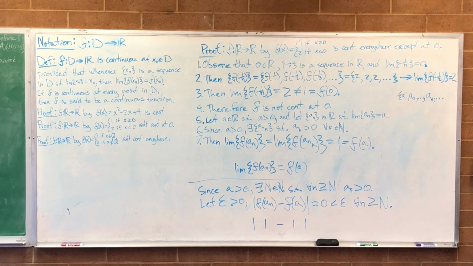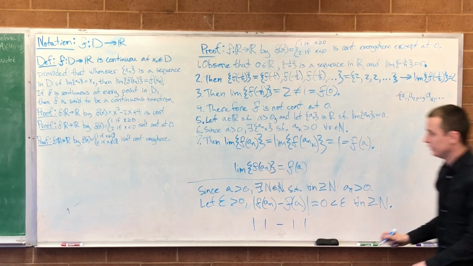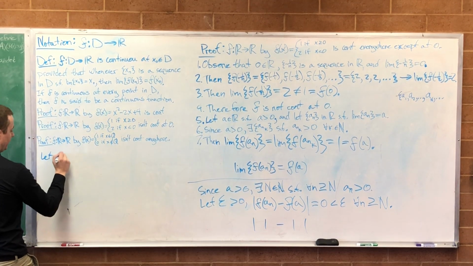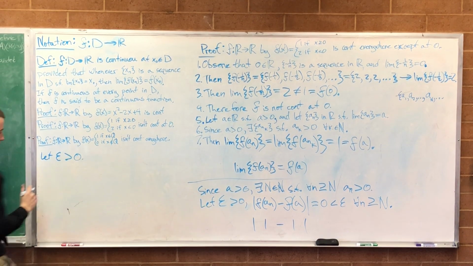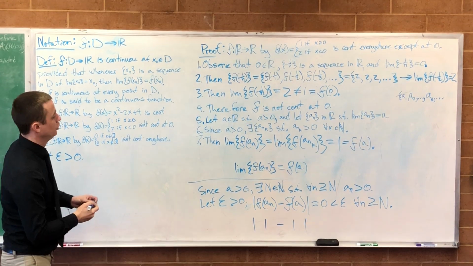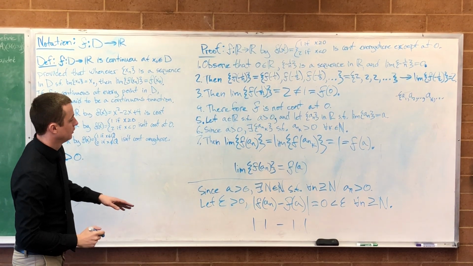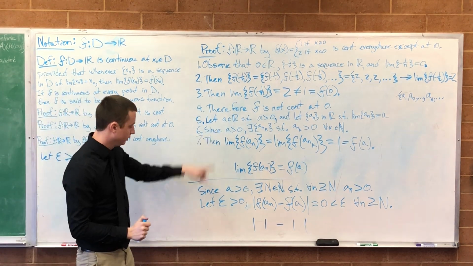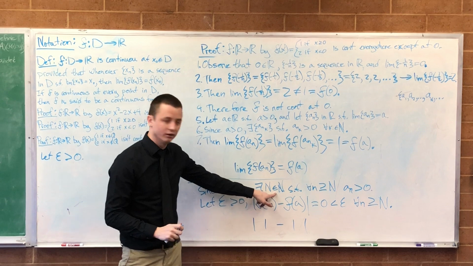Okay. Right? I could have just as easily said let epsilon greater than 0. And then I could have said, if you might be unhappy with the skip I'm making from here to here.